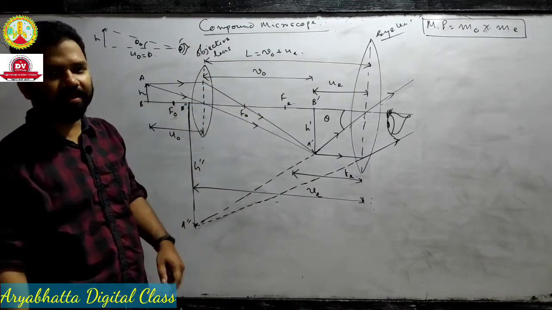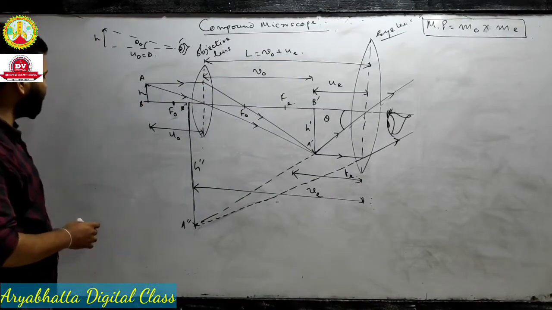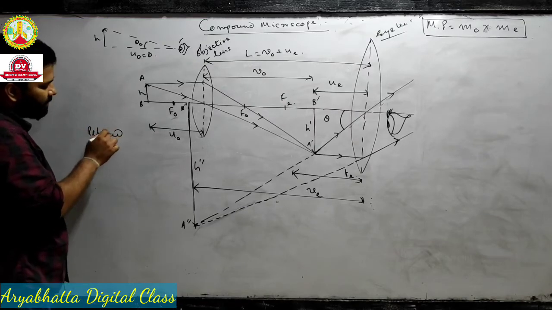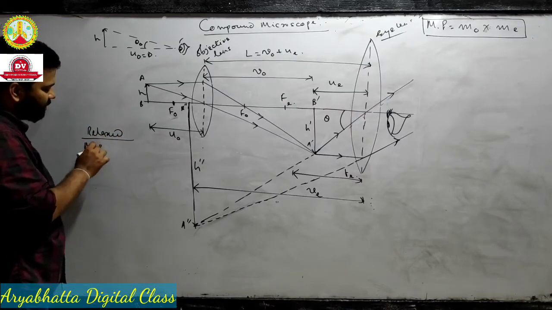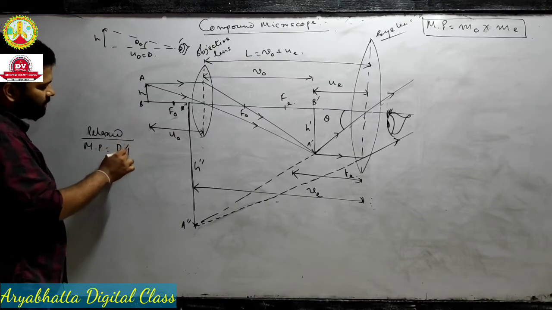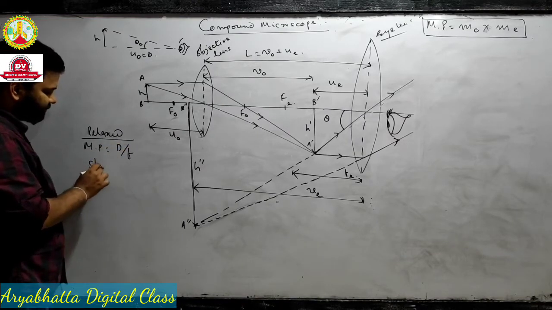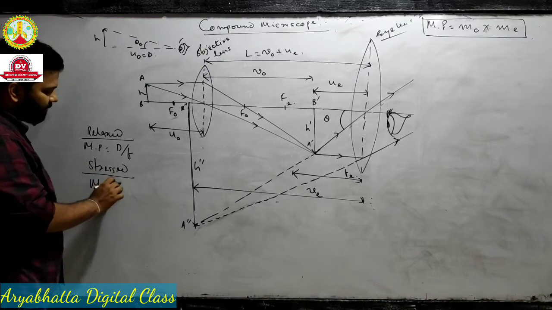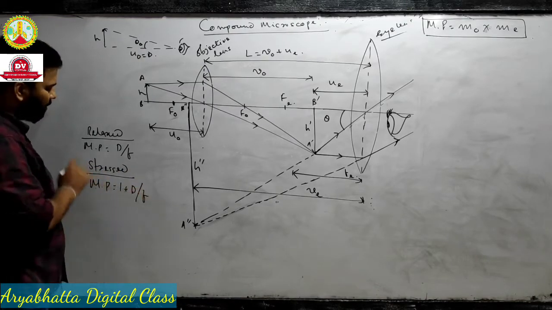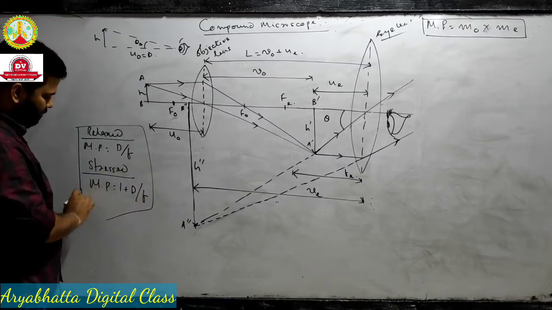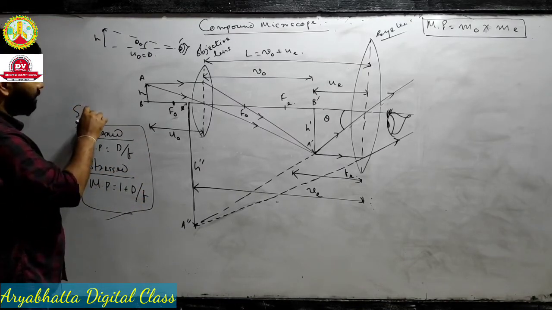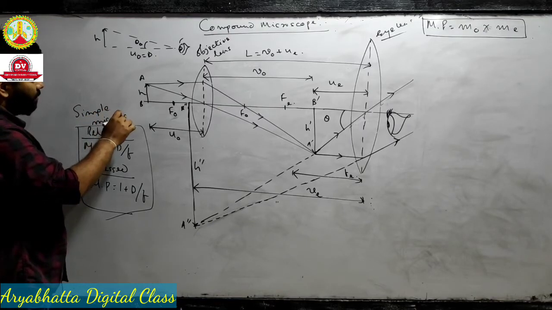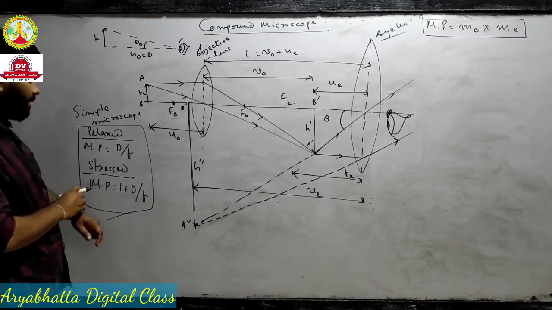Eyepiece is nothing but a simple microscope, and from the simple microscope you know two conditions. One for relaxed: the magnifying power is D by F, and for stressed the magnifying power is 1 plus D by F. You already know this from the simple microscope.